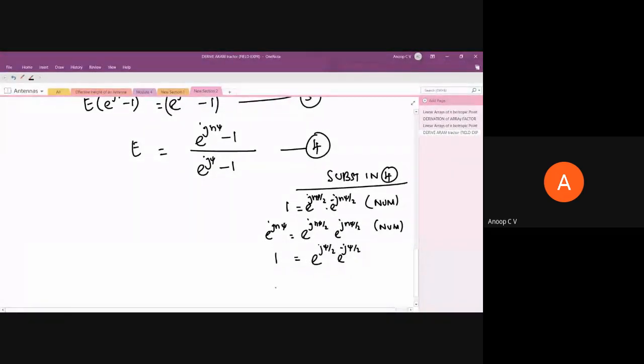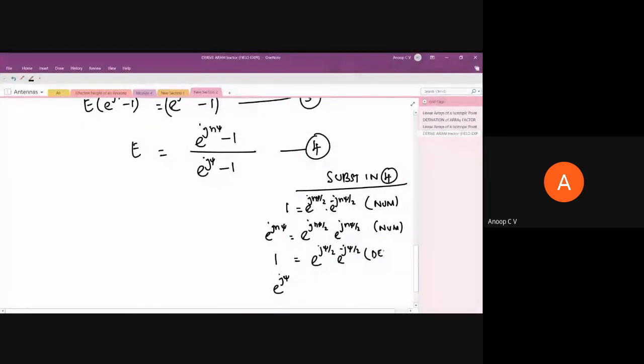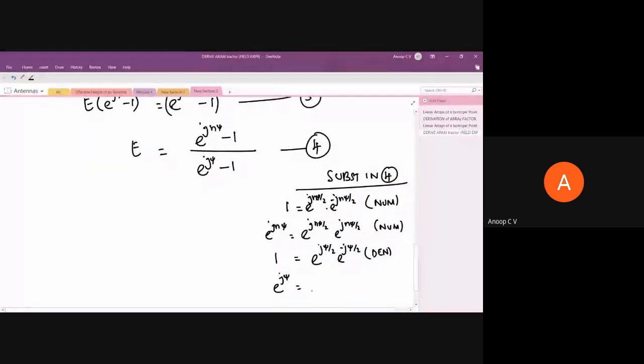And e power j psi in the denominator I'll substitute similarly. I don't have to write this, but if anyone has any confusion, I'm writing it. You don't have to write these steps. E power j psi by 2 into e power j psi by 2.